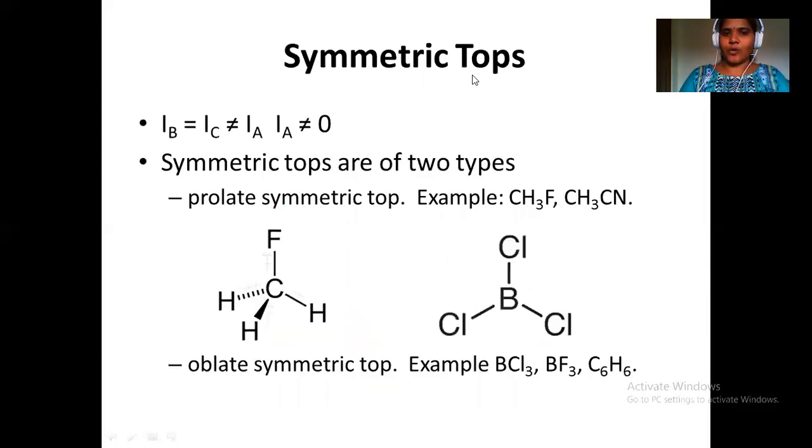And symmetric top molecules. Let's take the example of CH3F. Taking the C-F as the bond axis, you can observe the hydrogens are arranged like this: one in plane towards the observer and one away from the observer. When we consider fluorine along the bond axis, the center of gravity lies in between.